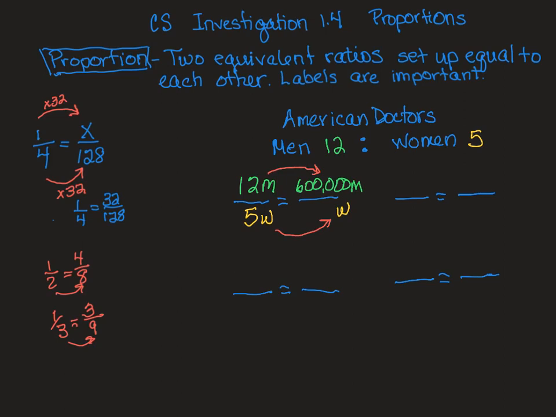I could write 5 women, and so I'm linking up the women here. And then I can write 12 men, and then I could have 600,000 men down here. So either way, it doesn't make a difference as long as I can link up here.